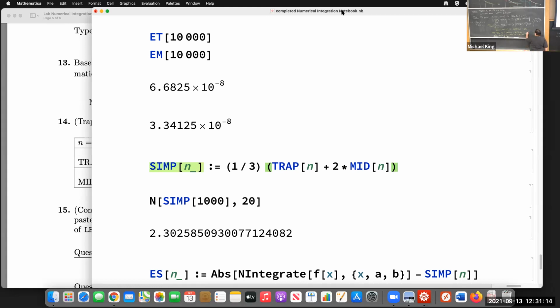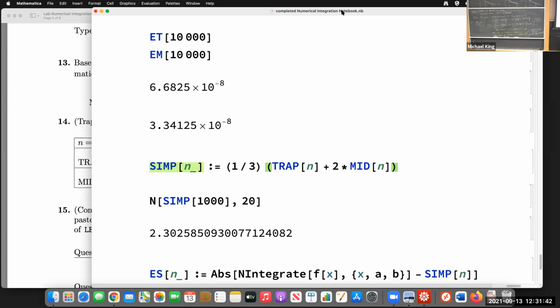This is called Simpson's rule, and it's a great approximation. In fact, I have some numbers here that I'll show you on the screen. I usually do this in classes, but when students do the lab longer, they don't get to the Simpson stuff because it's at the very end of the lab.